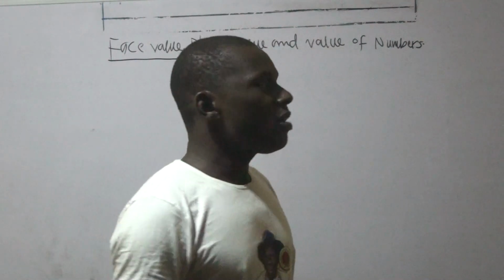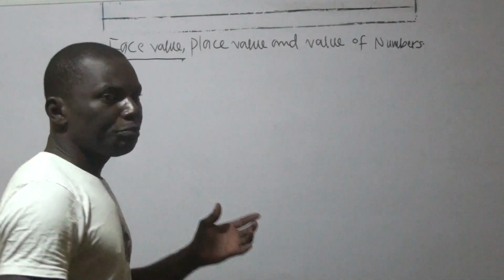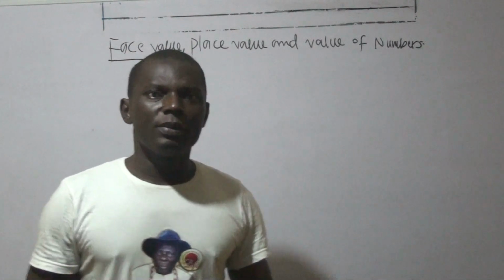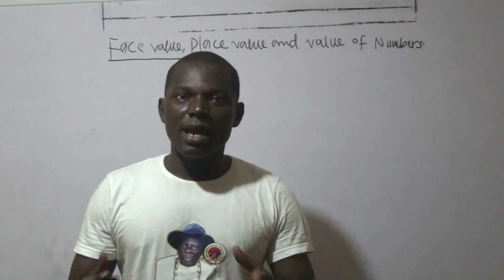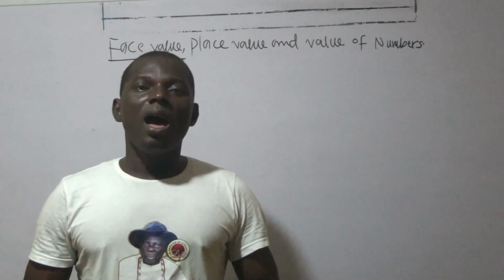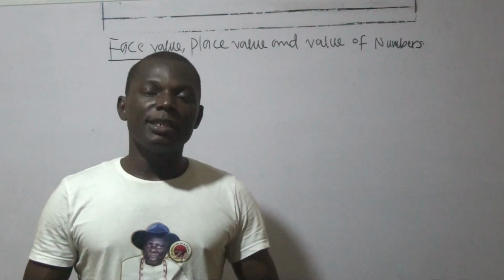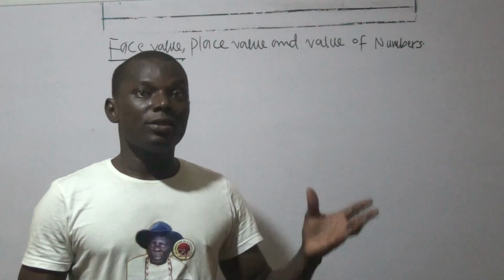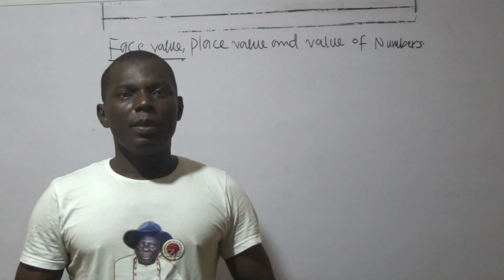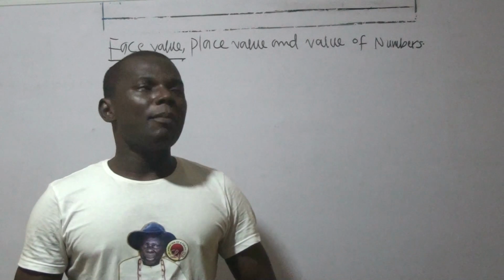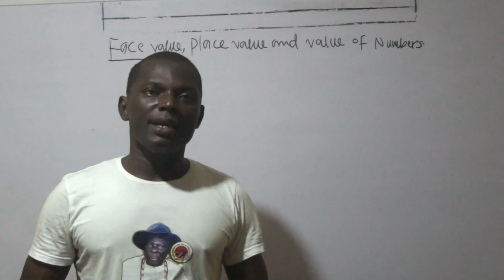Then what do we mean by a face value? For instance, I am standing here. If I take a picture of myself and I have it somewhere, and I am asked whose picture is there, I will say, it's my picture.